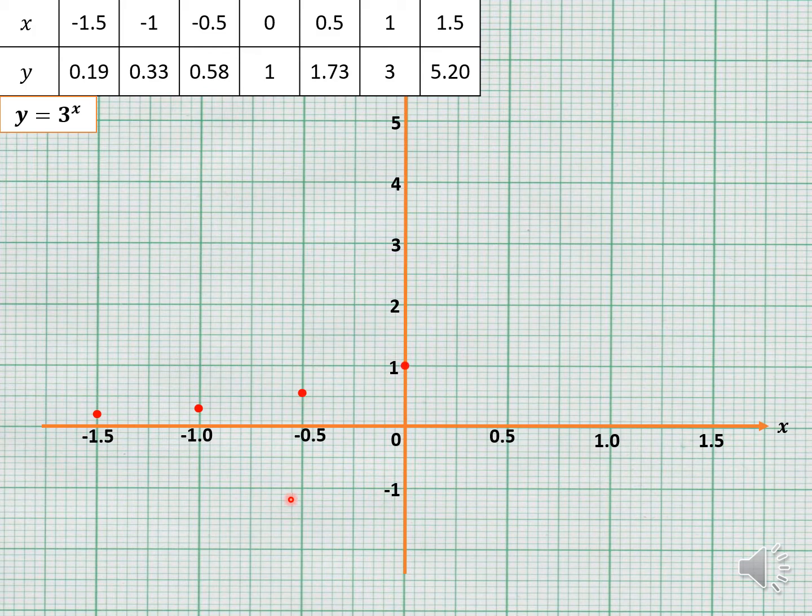And the point (0, 1) is on the y-axis, the point (0.5, 1.7), the point (1, 3), and the point (1.5, 5.2). So these are the points, and you then draw this graph freehand and you label it. So that does it for the exponential graph.